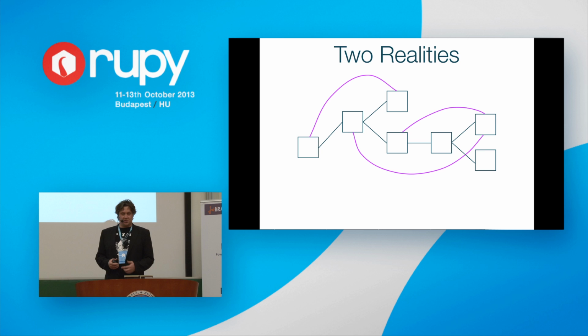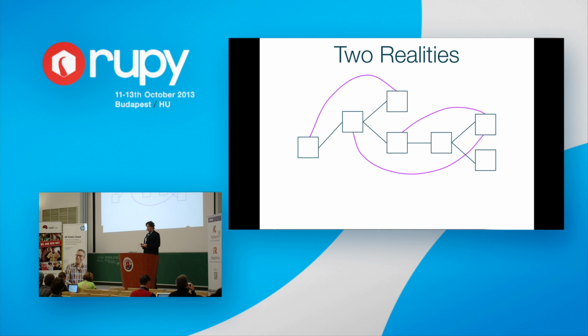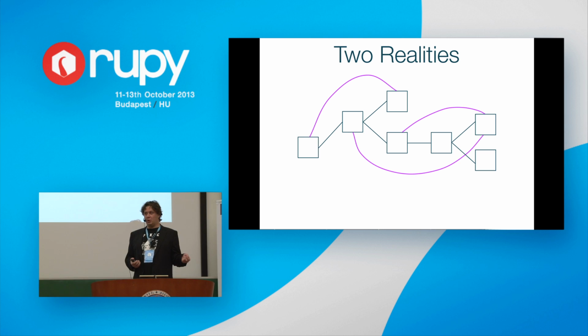But often there's also this other reality where there are these invisible connections between components where there shouldn't be any, and this is because of mutable state. When there are two components looking at the same mutable data structure, one can influence the other without much control, so we can bypass the normal structure of the system.